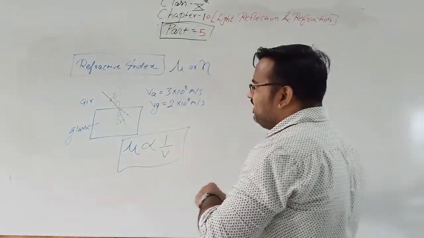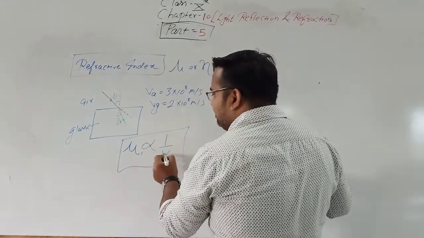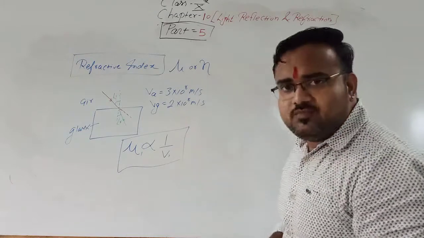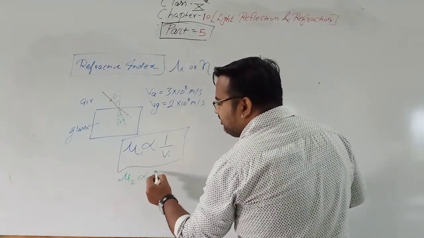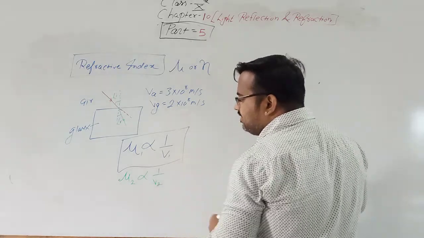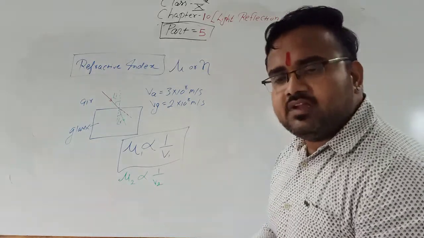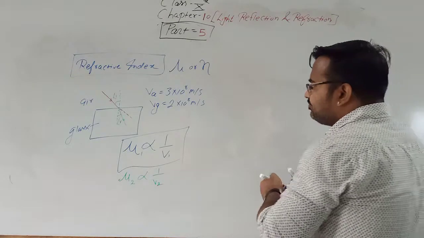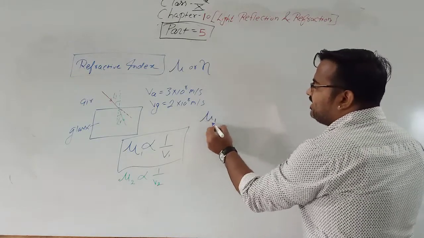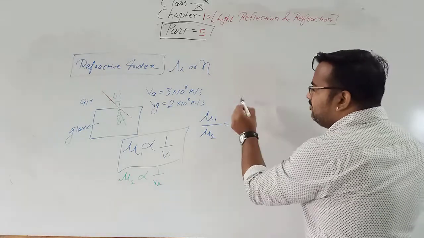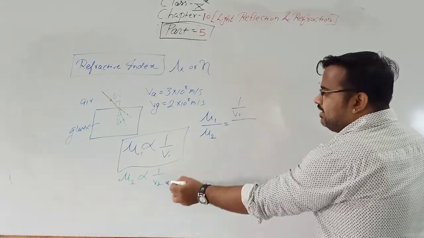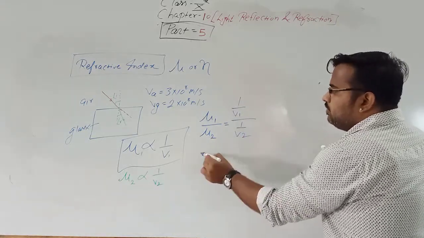For example, refractive index mu1 is the refractive index of the first medium, and mu2 is the refractive index of the second medium, each inversely proportional to the velocity in that medium. Clear? If I write the refractive index of the first medium upon the refractive index of the second medium, then it would be 1 upon V1 and 1 upon V2.